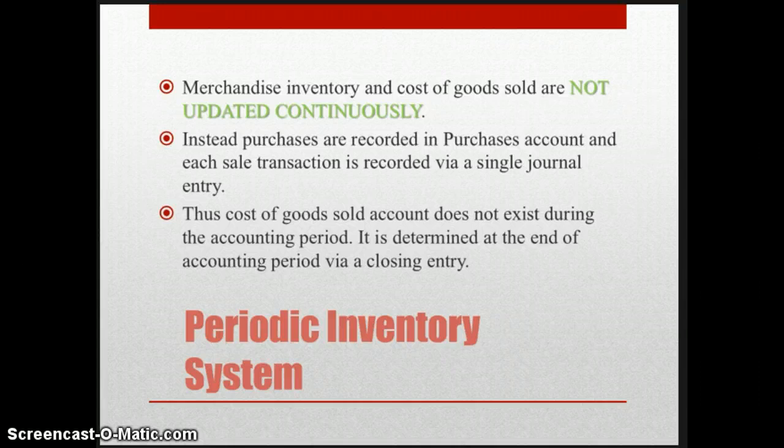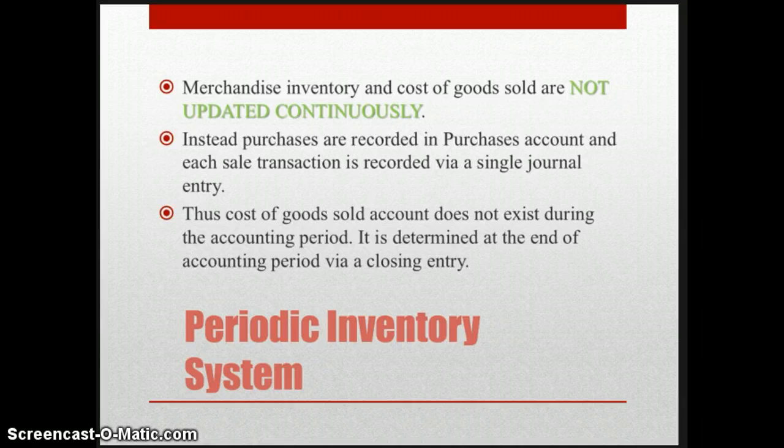Thus, the cost of goods sold account does not exist during the accounting period. It is determined at the end of the accounting period via a closing entry. So you can see that the periodic is a little bit more complicated, and perpetual makes it a little bit easier to control your inventory.